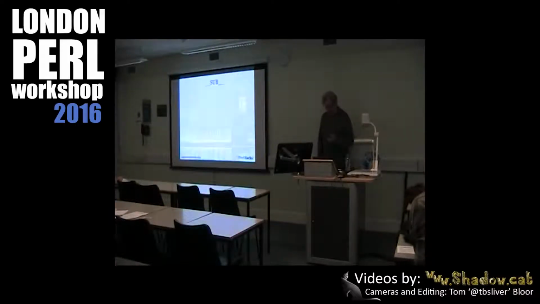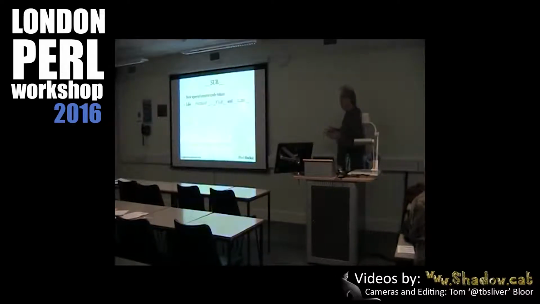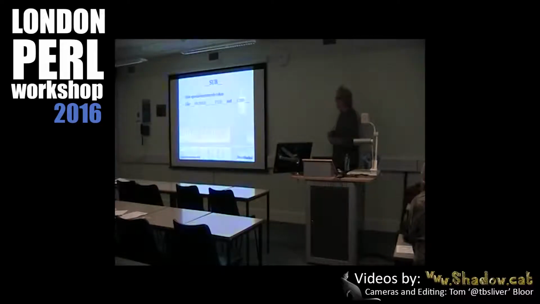__SUB__. So __SUB__ is a new source token that was added to Perl. That's two underscores, the word SUB, and two other underscores. This font doesn't really show it particularly well. There are three other similar tokens within the Perl parser: __PACKAGE__, __FILE__, and __LINE__.